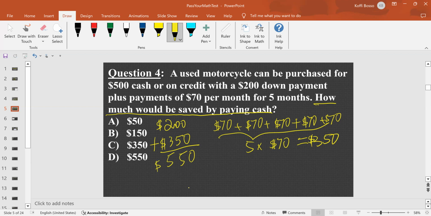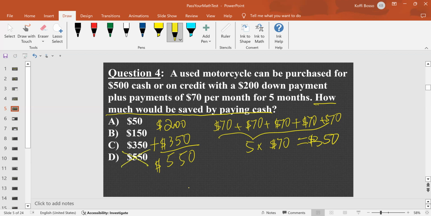We get $550. So this question is tricky. They say how much will be saved by paying cash. So if you pay by credit, you'll pay in total 550. But 550 is not the answer to the question. So D is out.